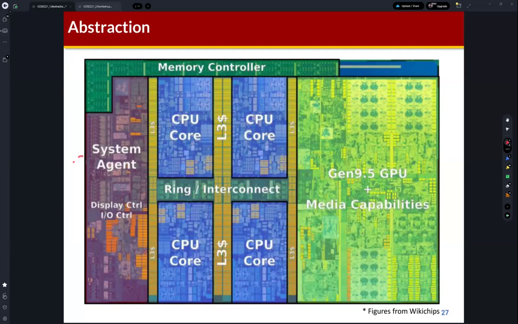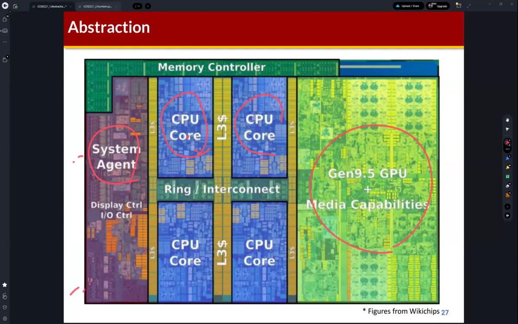But by adding some blocks like system agent, a CPU core here, and GPU core, then we can understand more about the Intel CPU, right? If we see this photo, we can understand this Intel CPU includes 4 CPU cores, right?